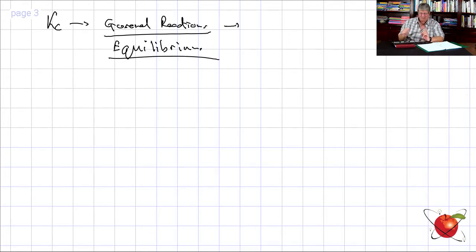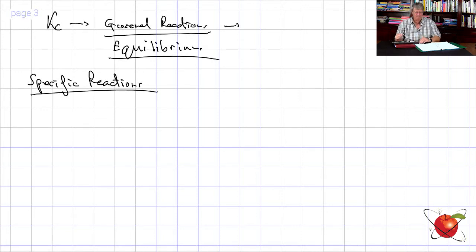Kc does not apply if it's not at equilibrium. That could be a multiple choice question, but generally speaking, you're not going to be given a Kc that's not at equilibrium because the Kc is the equilibrium constant itself. So moving along, that's Kc for general reactions. We're now going to look at specific reactions.